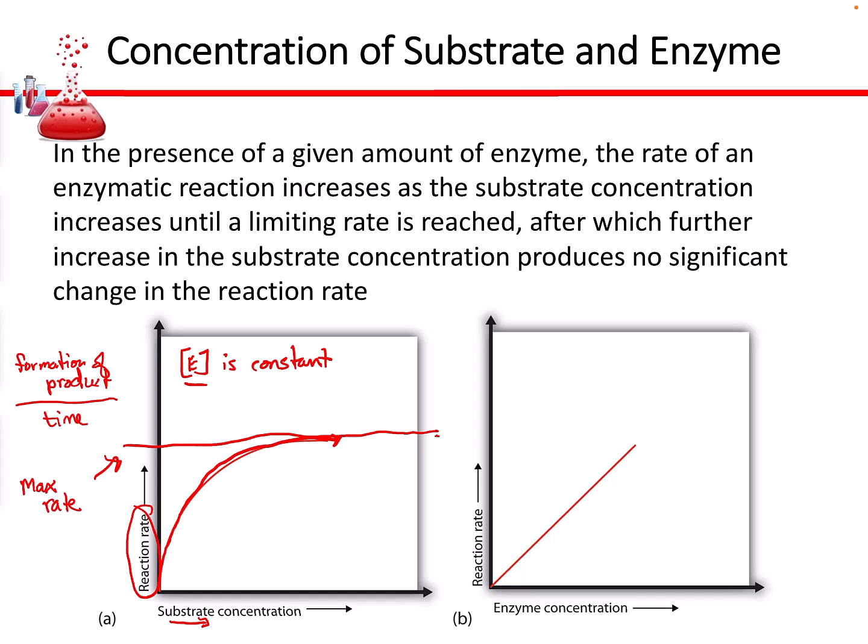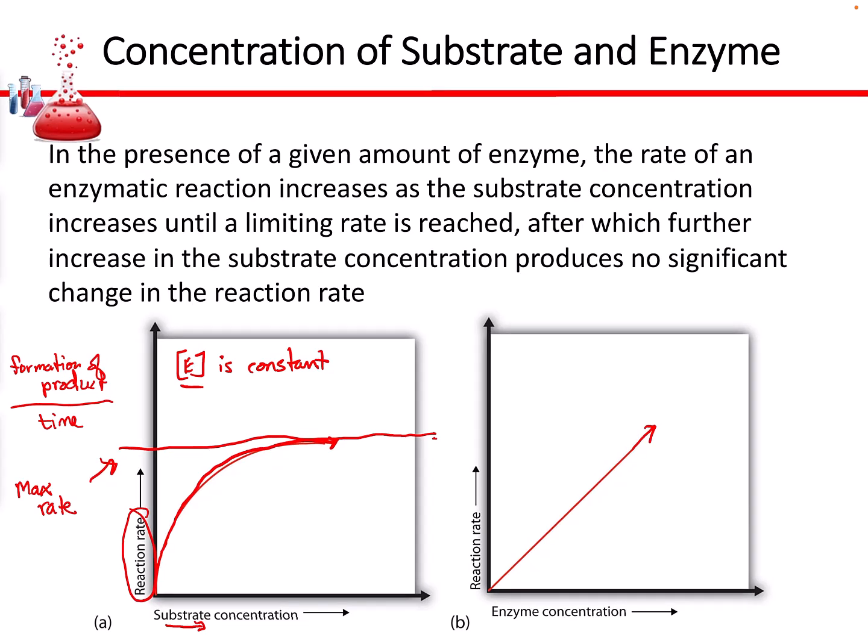If you increase the enzyme concentration and you have a set amount of substrate, you would see the same thing happen. Initially, you're going to see the reaction rate increase and increase. If you have no limits on your substrate concentration, it would continue to increase in this linear way.